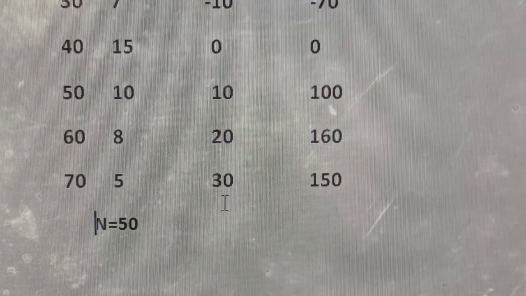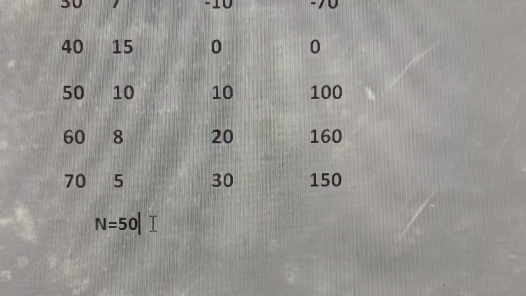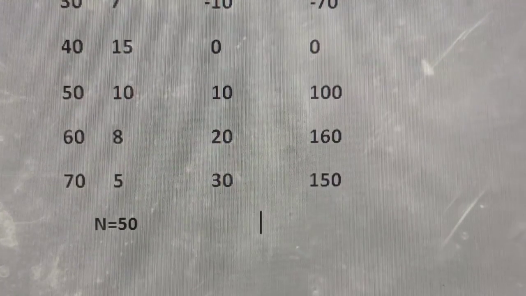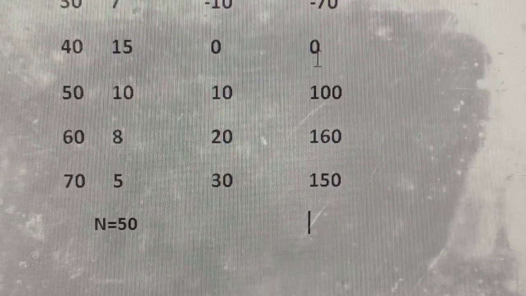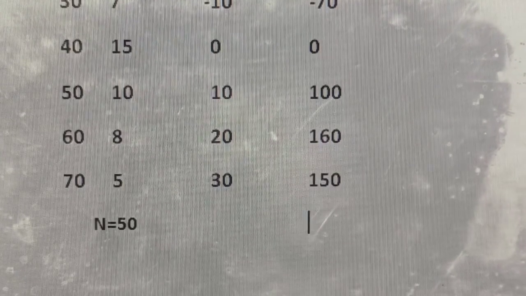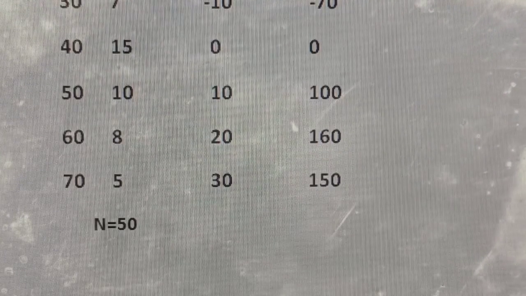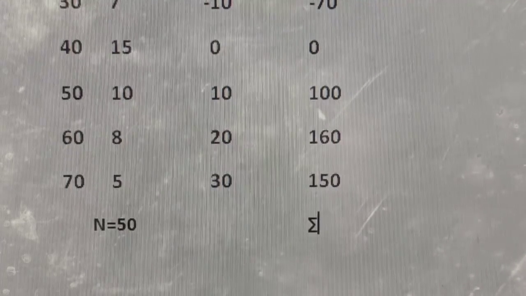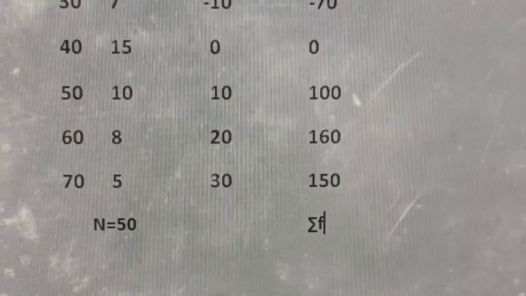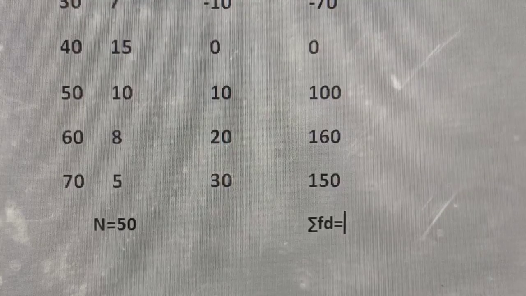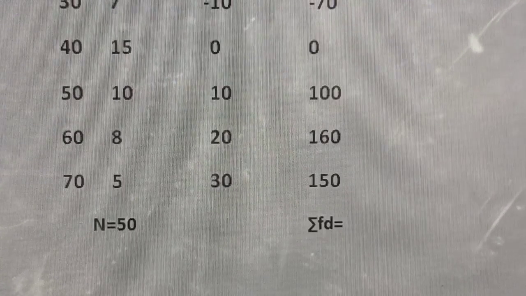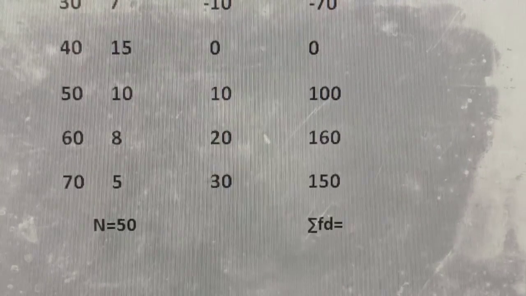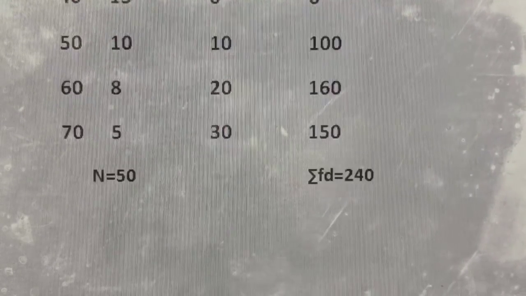Then we find the final value of summation fd. Summation fd equals, when we add all of these, 240. Okay, now how to calculate from here? Very simple.